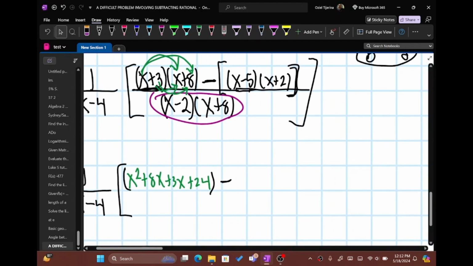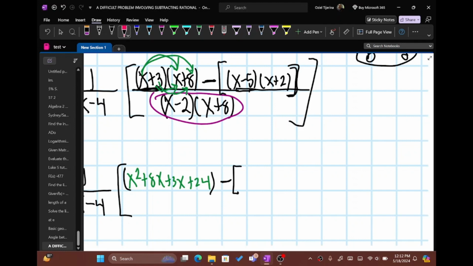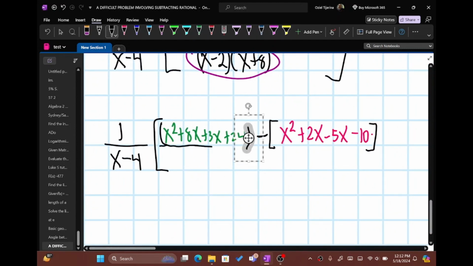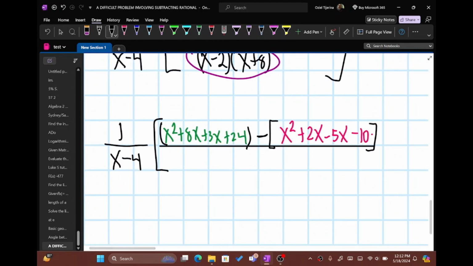Then I'm going to put minus, and then I'm going to put a bracket, and I'm going to do x squared plus 2x minus 5x minus 10. And then we're just going to put it all over x minus 2 times x plus 8.